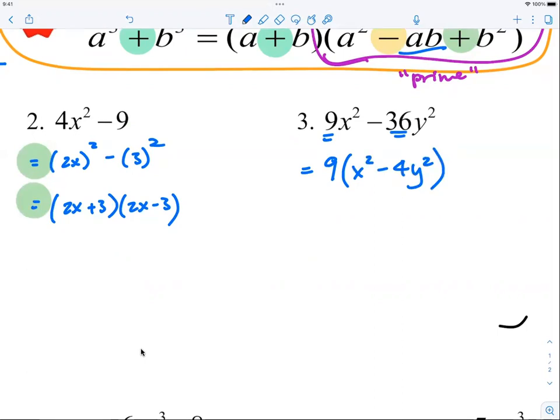If you can factor something easy, go ahead, do that first. If you do it later, things tend to be a bit more complicated. It's not wrong, it's just more complicated. So now you have a nicer picture to look at, right? If you want to factor it, it will be x plus 2y and then x minus 2y.